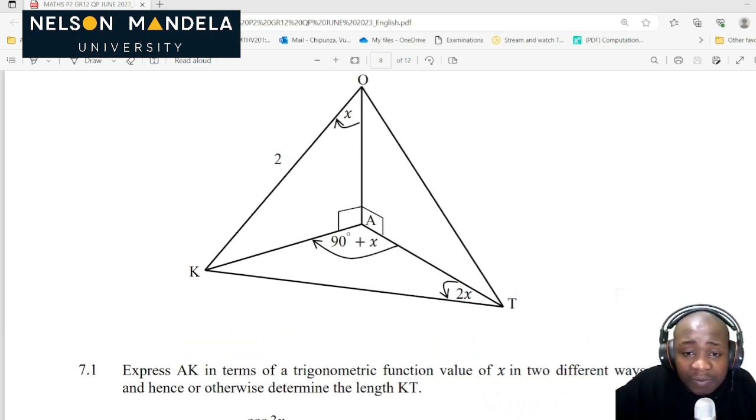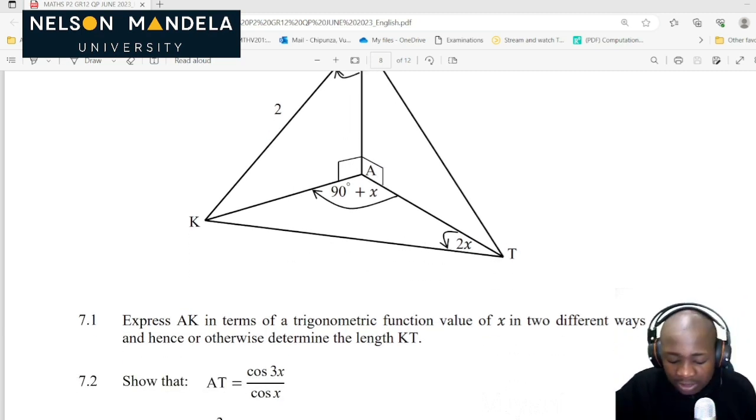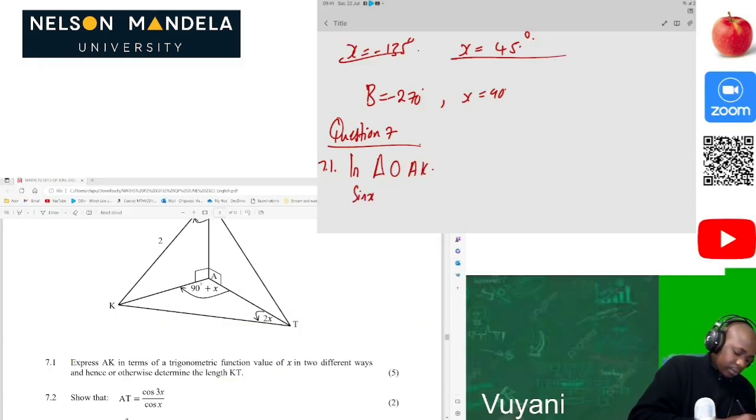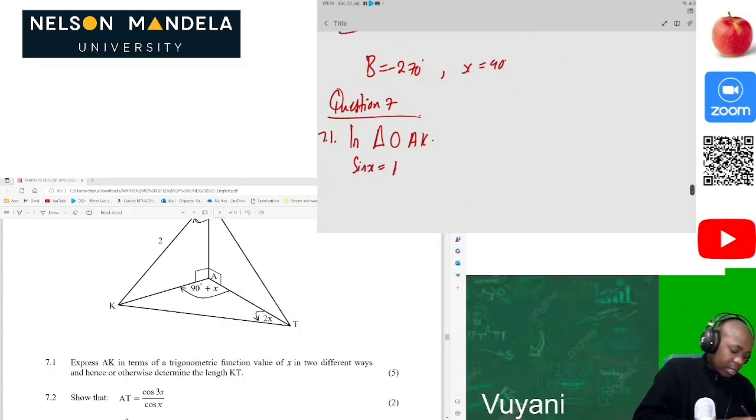We have that value of x, we have 90 degrees, so we can actually use our sine, we can actually use our trig ratio. So we can literally write this below and say that first thing which is important, sine of x then is equal to AK over 2. Then therefore AK is equal to 2 sine of x.